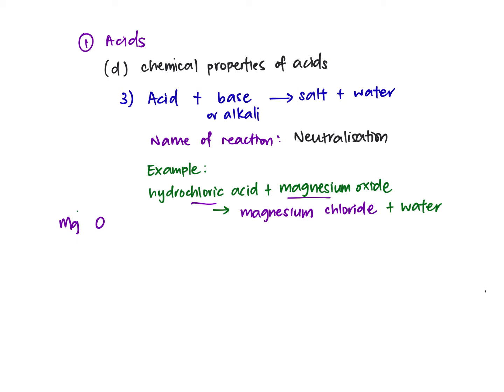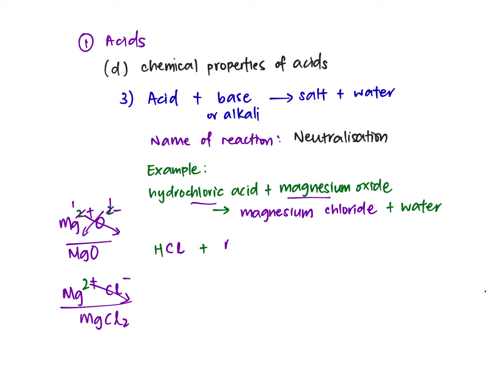So I'm adding in how to do the workings for the formula of magnesium oxide first, and then magnesium chloride. Then change all to formula. And when you try to balance it later, you will find that you need to add 2 to HCl.